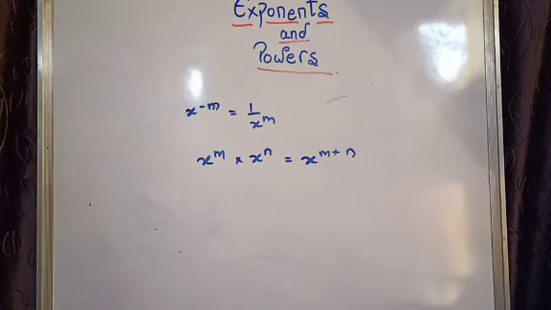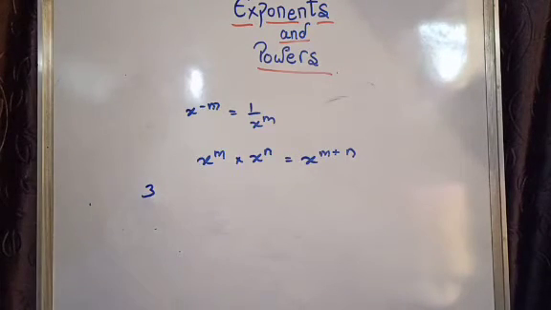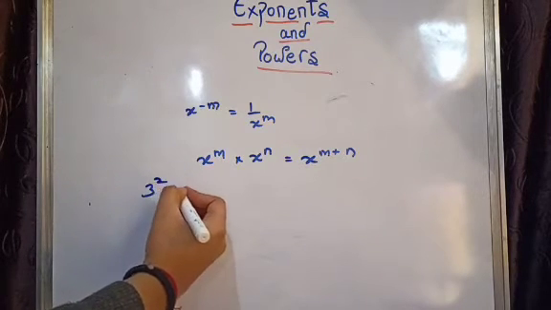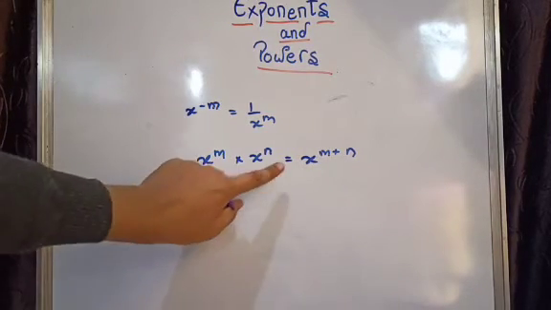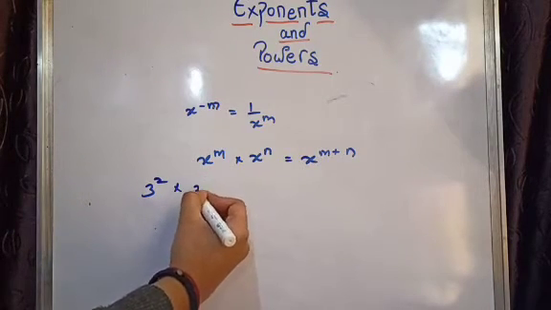Some people don't know why this is possible, so I am taking one example. For example, the number is 3 and the power m is equal to 2, multiplied by 3 to the power of n, with n equal to 5.